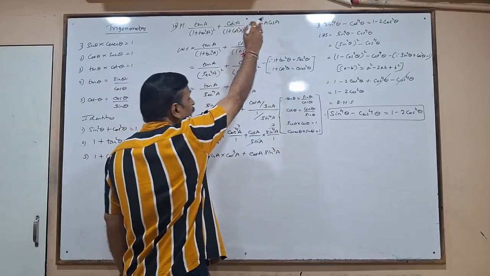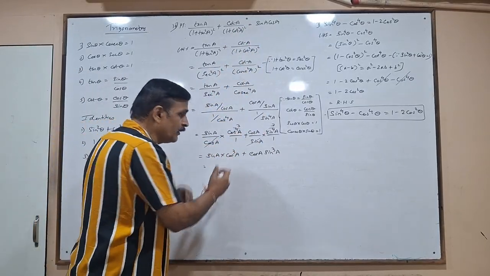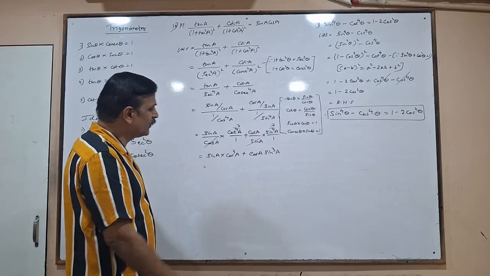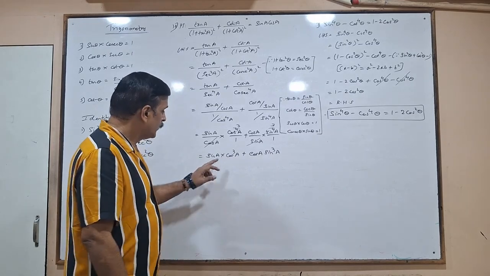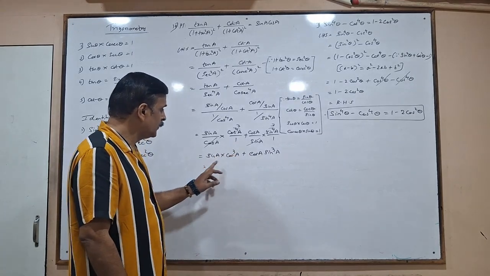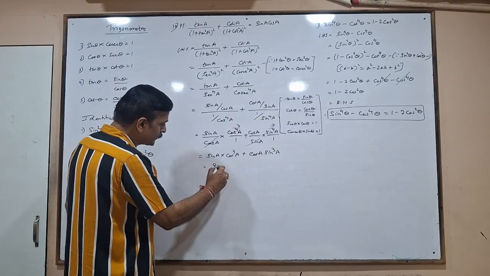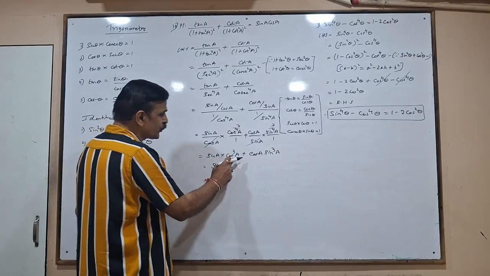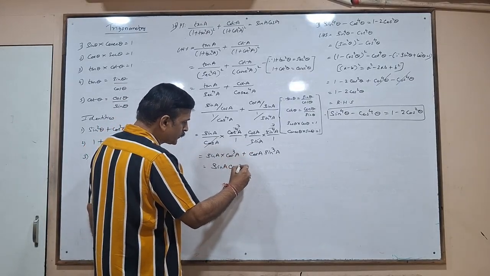As I want sin A and cos A on the right hand side, I can simplify this by taking common. What is common? The lowest power of a term is common, always. Here it is sin, this is one term, this is another term which has sin cube. The lowest power is sin A. It is cos cube, this is another term which has cos, the lowest power is cos.